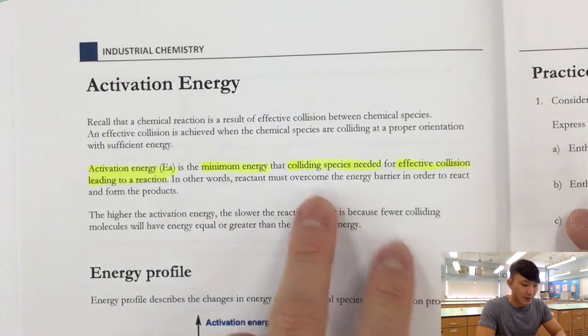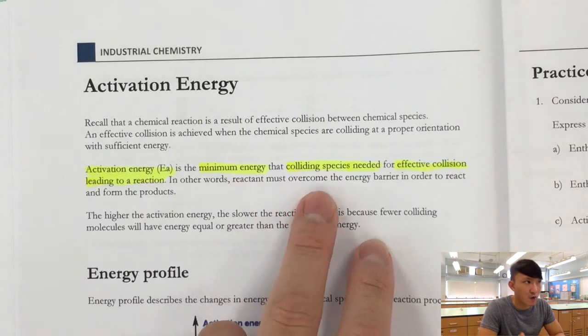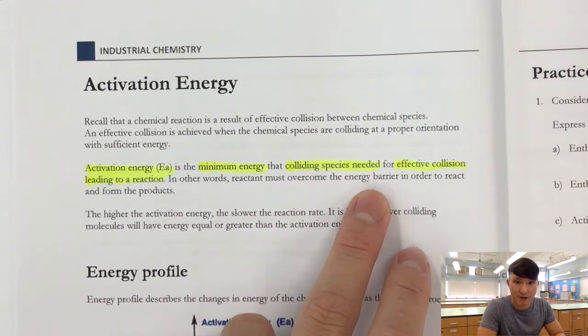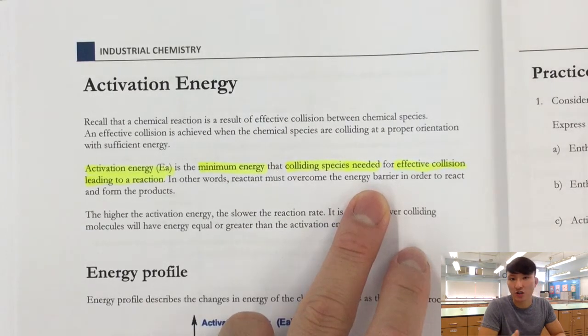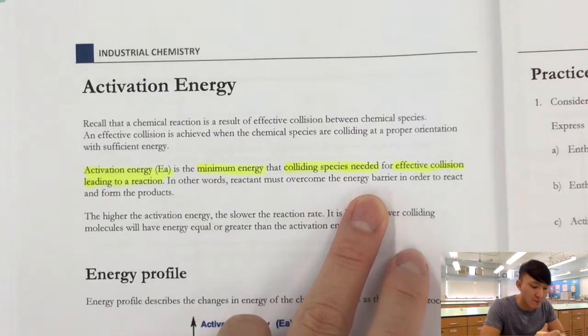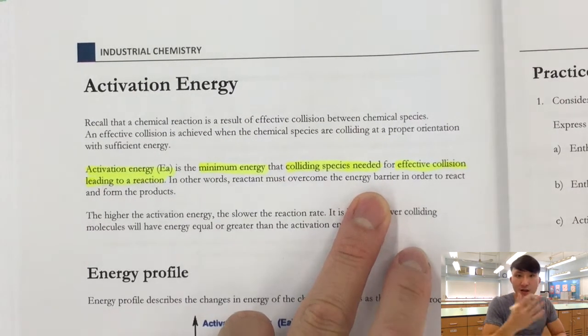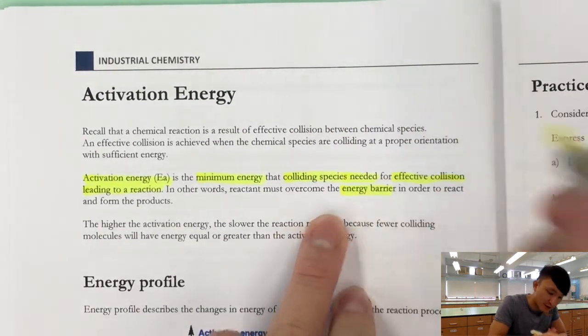In other words, the reactant must overcome such an energy barrier. So sometimes activation energy is described as the energy barrier because the reactants must be able to overcome this energy barrier in order to lead to a reaction, right? So it is also known as the energy barrier.